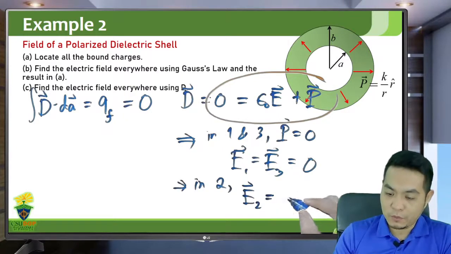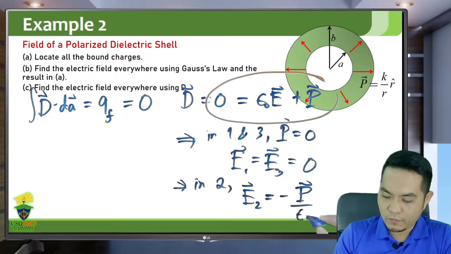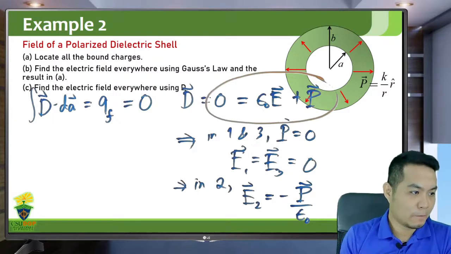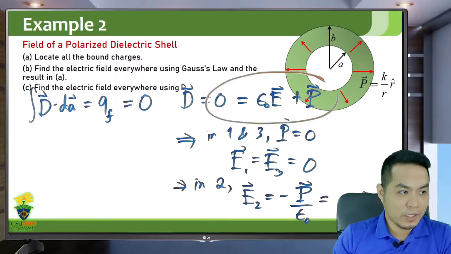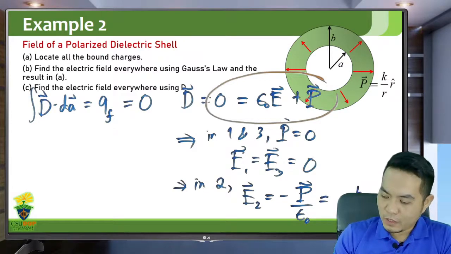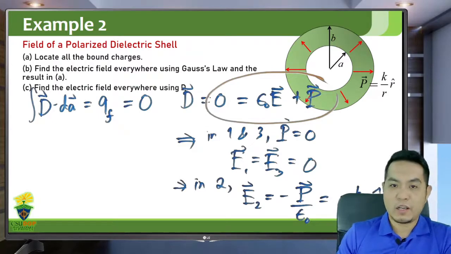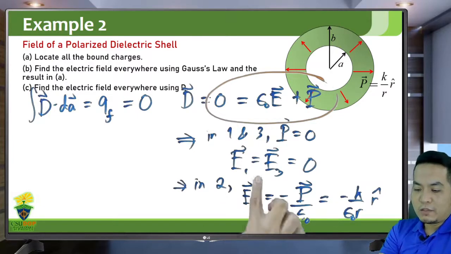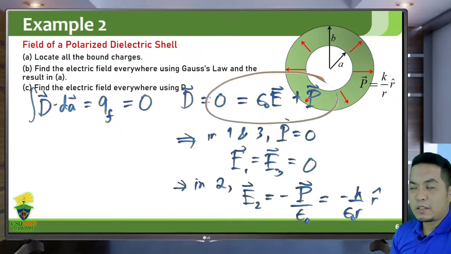It will just be equal to the negative of the polarization over epsilon naught, and it's exactly equal to negative K over epsilon naught r hat, which is the electric field that we obtained using the original Gauss law. So you will notice that the electric displacement and the Gauss law for dielectrics is a much more general way of solving problems, especially if they involve dielectrics.